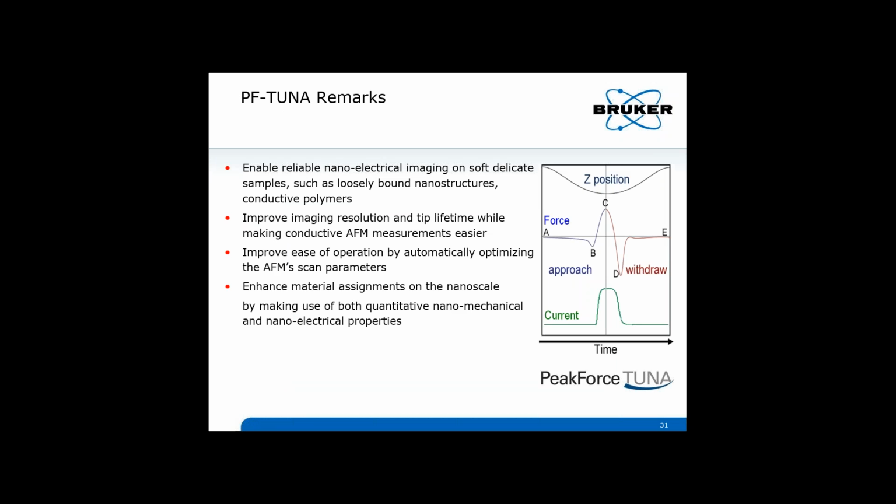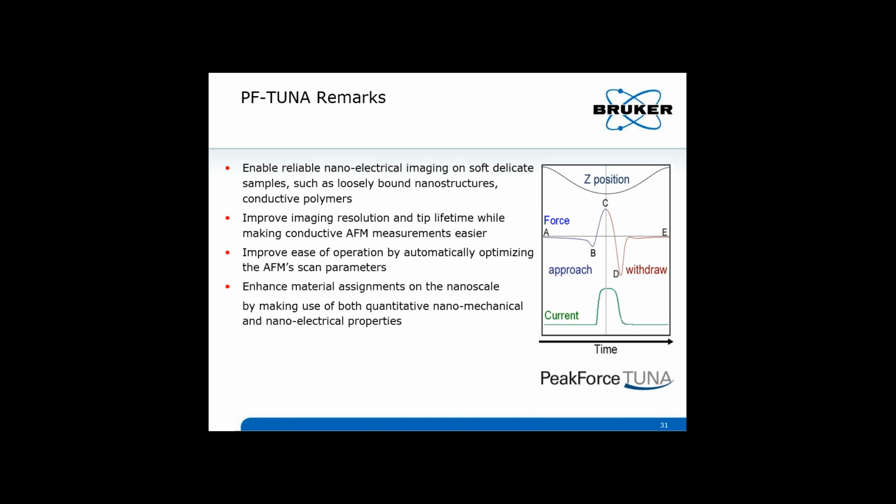Here is a little summary about the PF TUNA. Due to the enhanced force control of the peak force tapping mode, we can achieve reliable nanoelectrical imaging on soft, delicate samples, such as loosely bound nanostructures and conductive polymers. We also obtain improved imaging resolution and tip lifetime while making conductive AFM imaging easier.